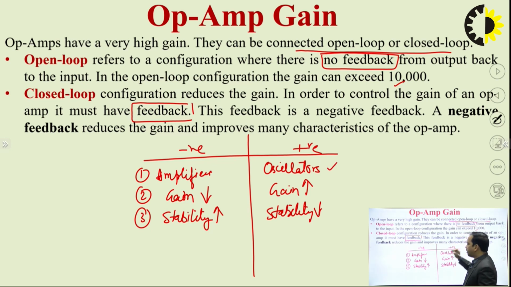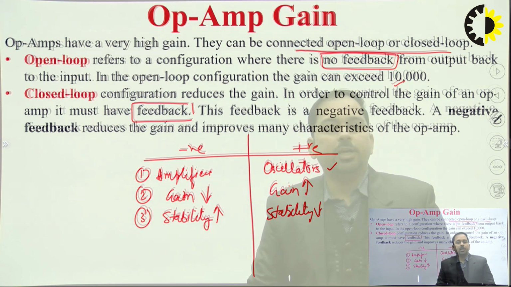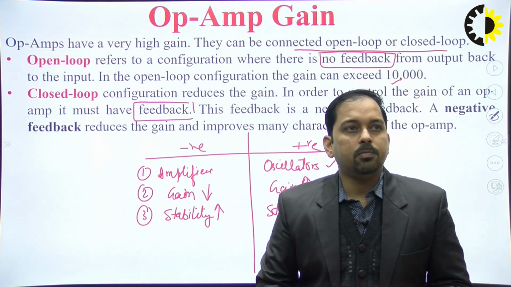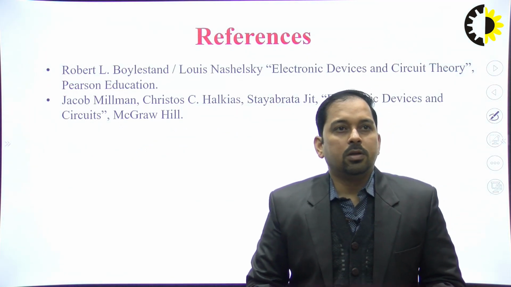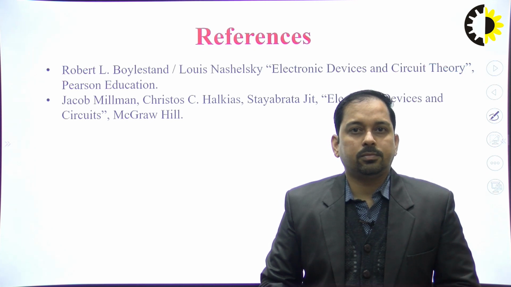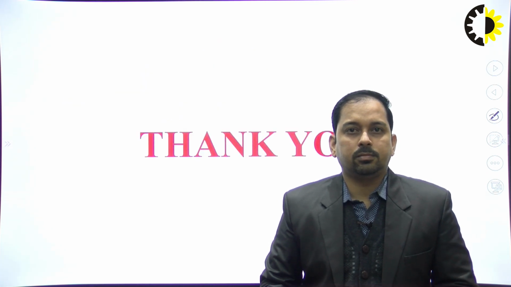Similarly, we have different types of oscillators like Wien-Bridge oscillator, RC phase shift oscillator, Colpitts oscillator, Hartley oscillator, and several others. In our next lecture, we'll be seeing various applications of op-amp. These are the references. Thank you.